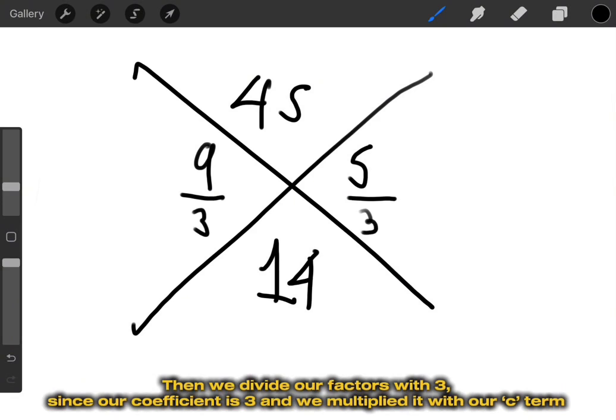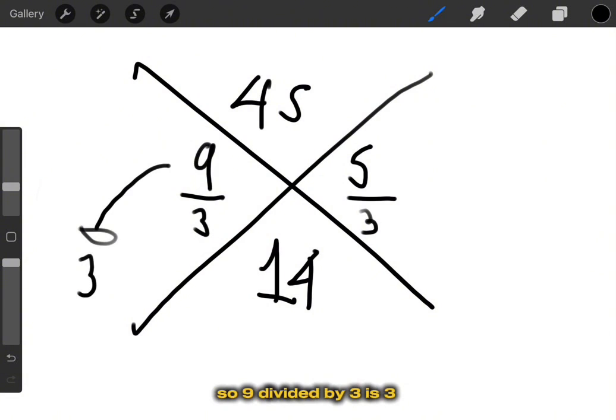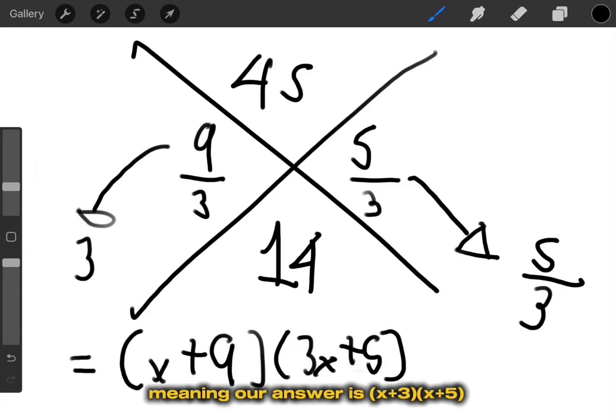Then we divide our factors with 3 since our coefficient is 3, and we multiply it to our c term. So 9 divided by 3 is 3, which gives us 3x, and 5 divided by 3 is 5 over 3. Meaning our answer is x plus 3 multiplied by 3x plus 5.